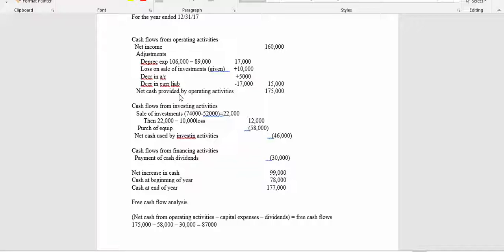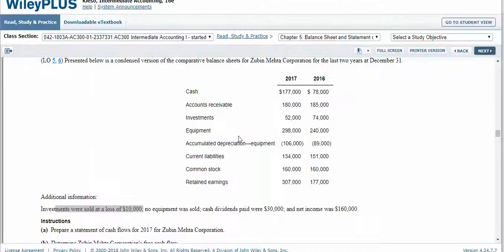So that's why the decrease is an add. Then we have a decrease to our current liabilities, let's say accounts payable, for example. Let's look at it first. Current liabilities went from 151 down to 134. I'm sorry, that means that we paid out our liabilities.